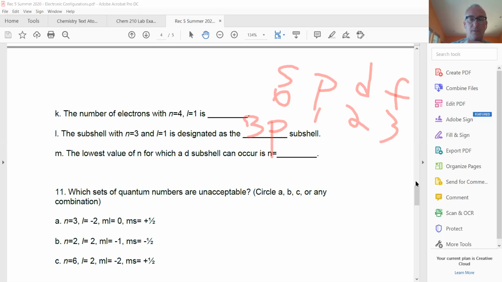What is the answer for K? Number of electrons in 4, L equals 1. Which subshell is that? L equals 1.